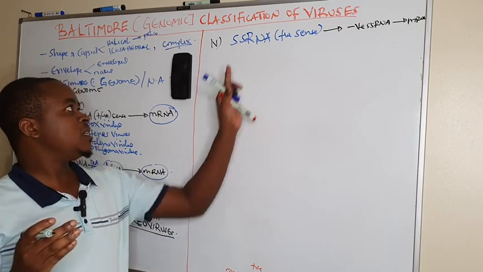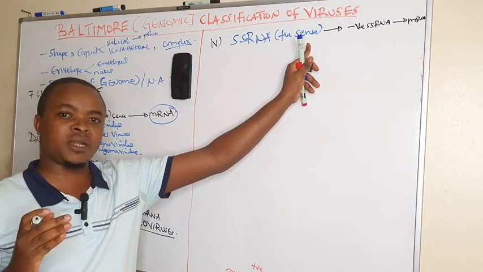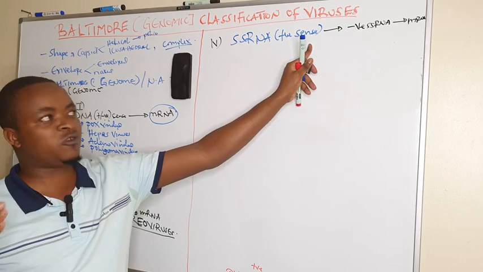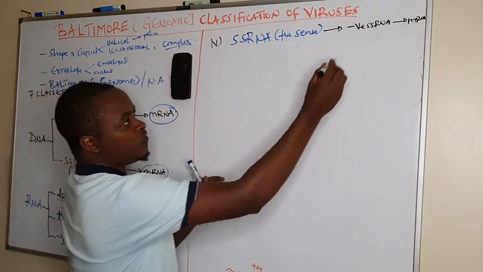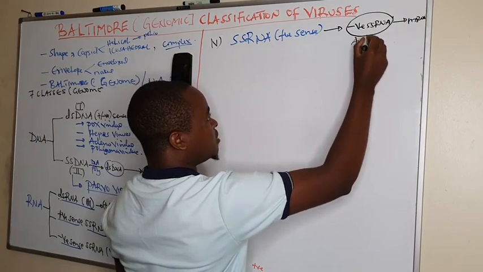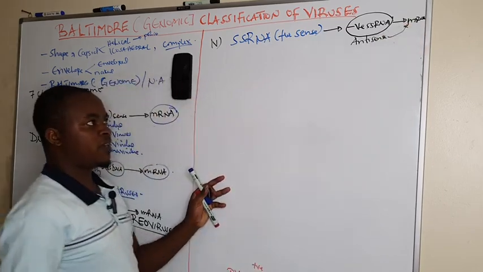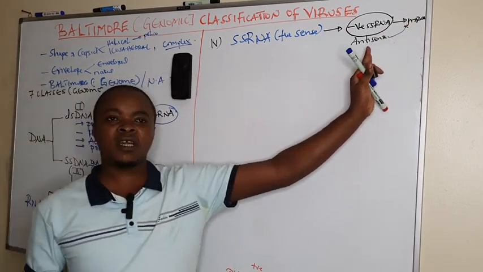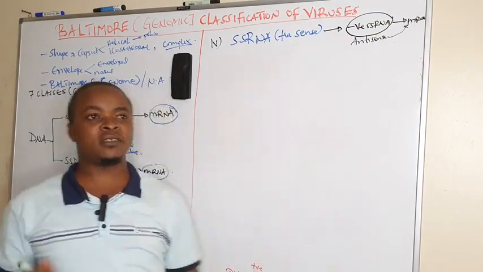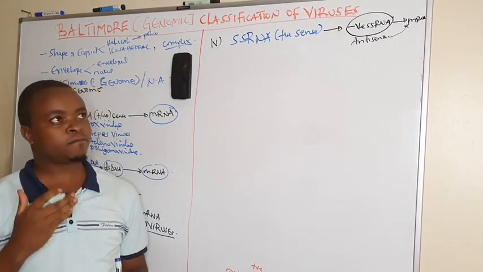So because single-stranded positive sense, they lack the antisense strand or the template strand for transcription to form mRNA, they are first converted to negative sense, which is the antisense strand, then later converted to messenger RNA, because antisense strand is the one that is used as a template for formation of messenger RNA, which can be used for protein synthesis.